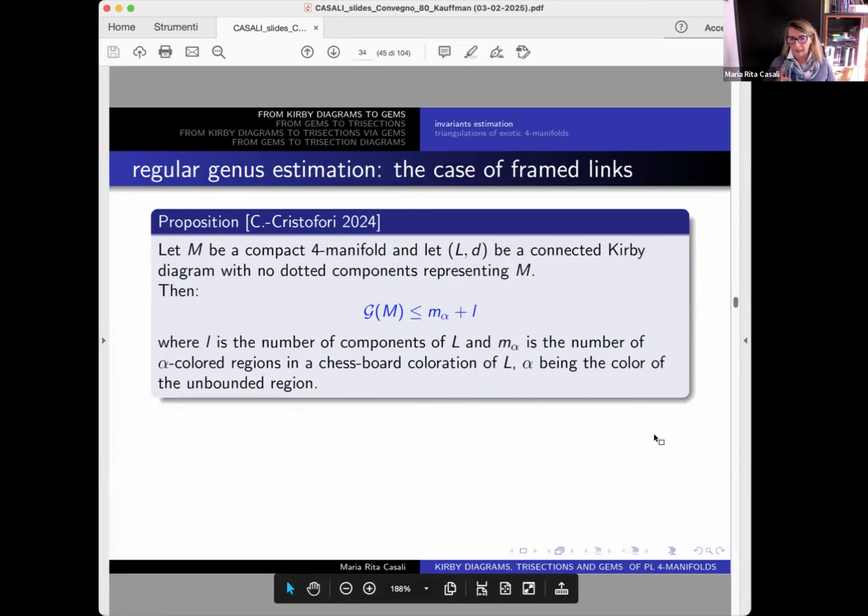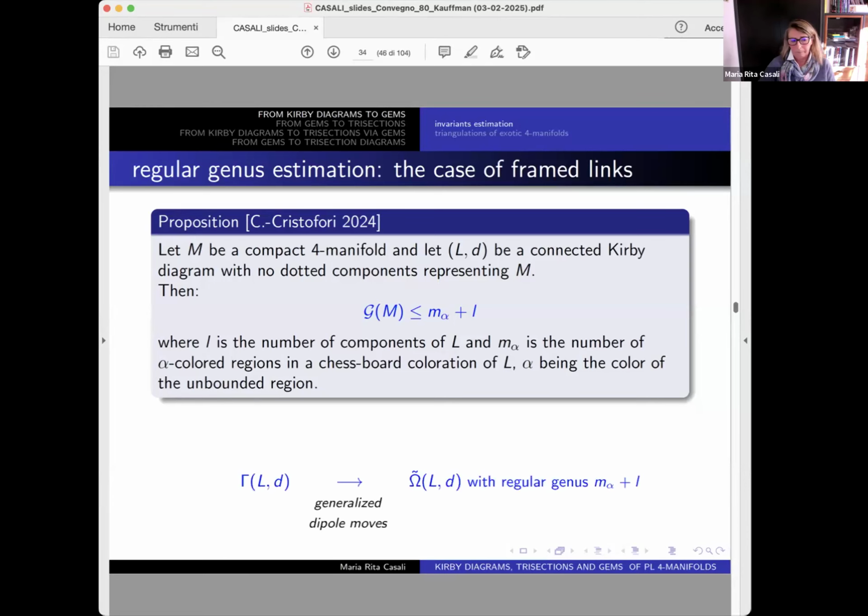Moreover, only in the case of framed links, that is, when dotted components are missing, or equivalently when the handle decomposition lacks 1-handles, it is possible to yield a significantly better upper bound for regular genus, which turns out to be sharp for infinite families of four manifolds.